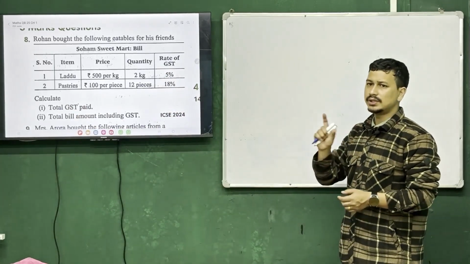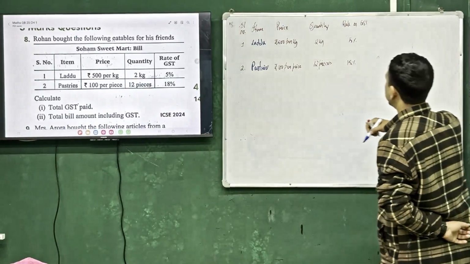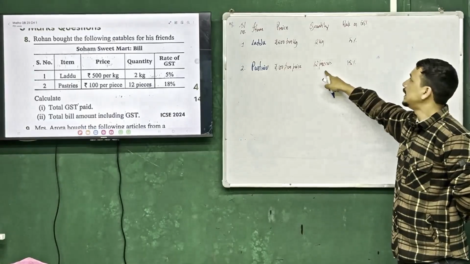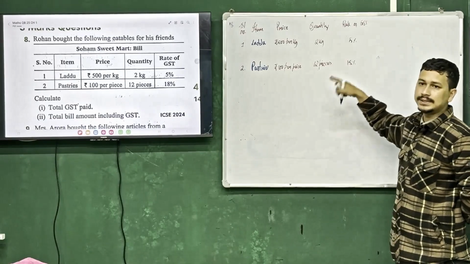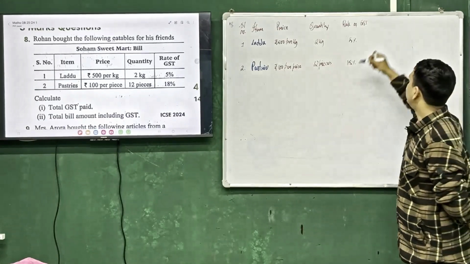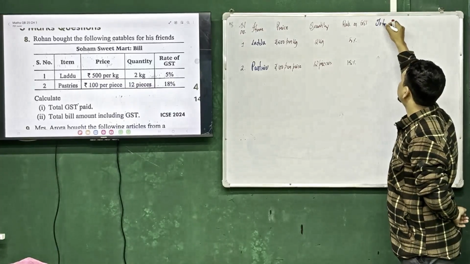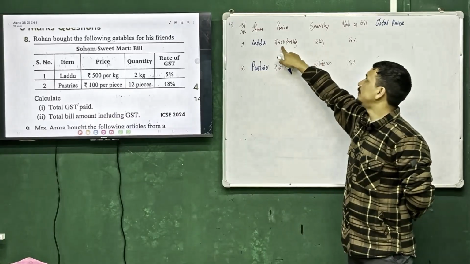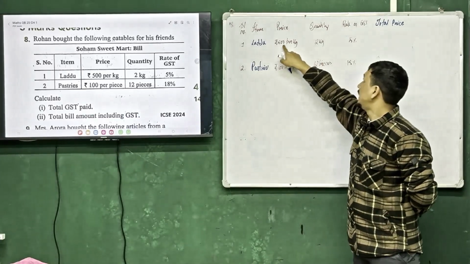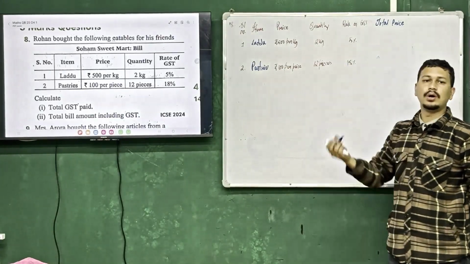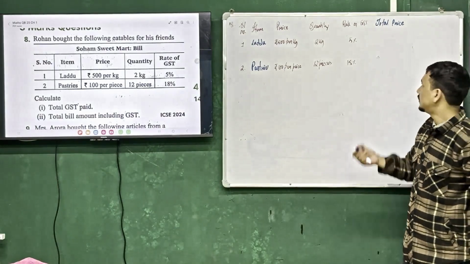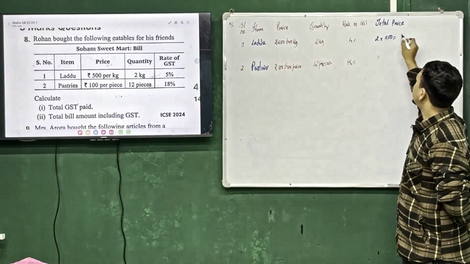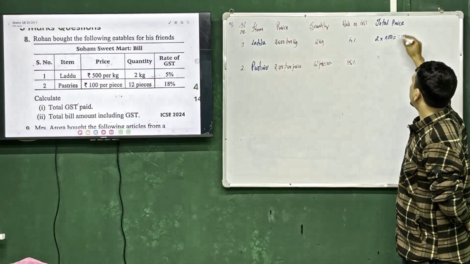Calculate the total GST paid and the total bill amount. I'll do this question in table format. Whenever in the question you have quantity, the first thing you have to find is the total price. If they're charging 500 rupees per kg and we bought 2 kg, the total cost will be 2 into 500, that is 1000 rupees.